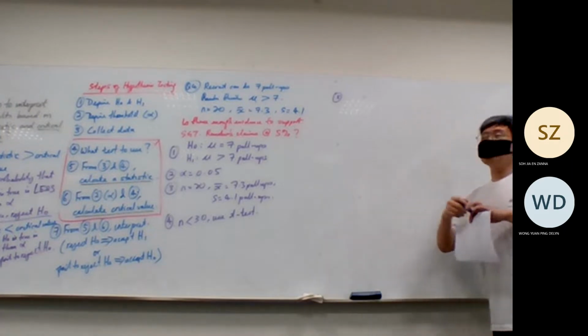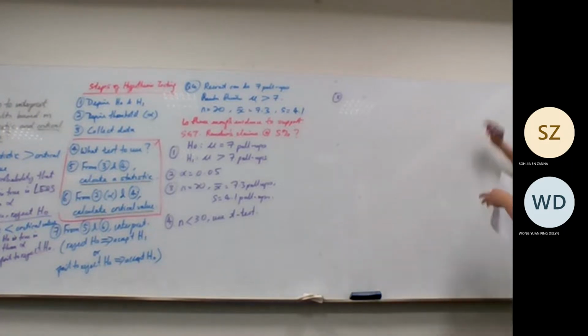Nothing wrong with that as well. So in this case, this is the decision tree that we have. What test to use? The first thing is whether population variance is known. If population variance is known, then you can use your Z-test. If population variance is not known, then the next thing is whether sample size is more than 30.